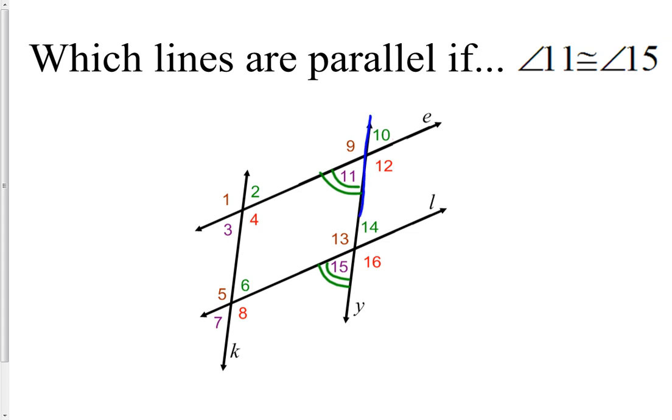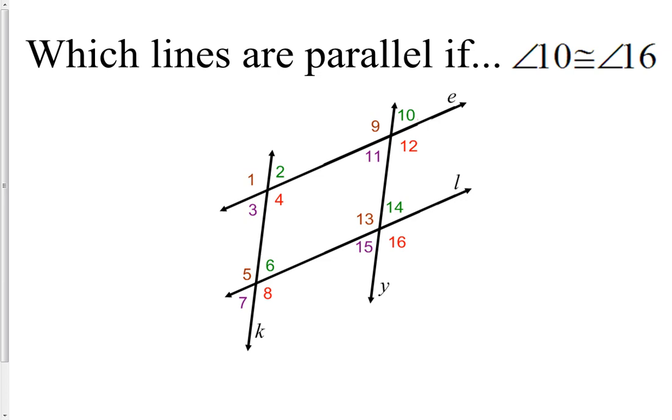So this line right here, line Y, is the transversal. So if that's the transversal, what 2 lines does Y intersect? It intersects line E and line L. So E and L are parallel to each other because 11 and 15 are corresponding.